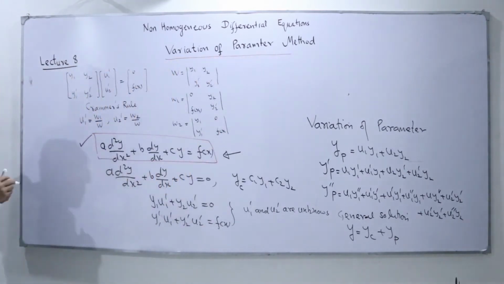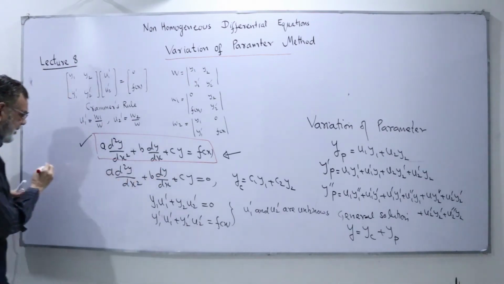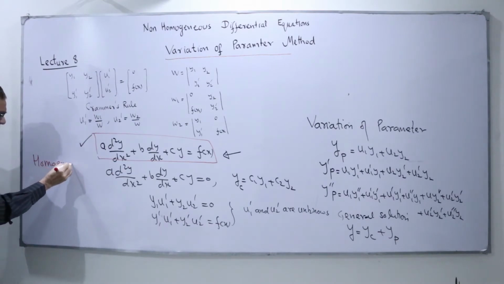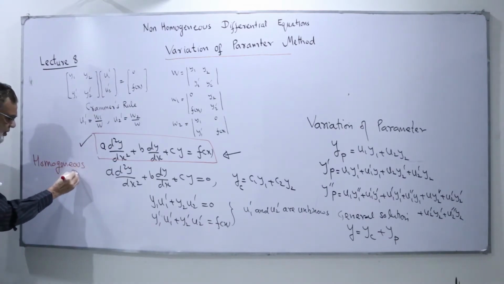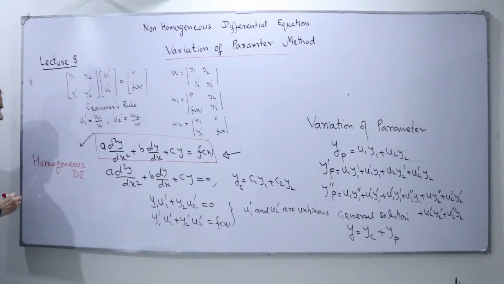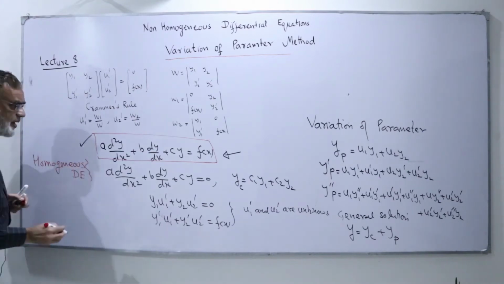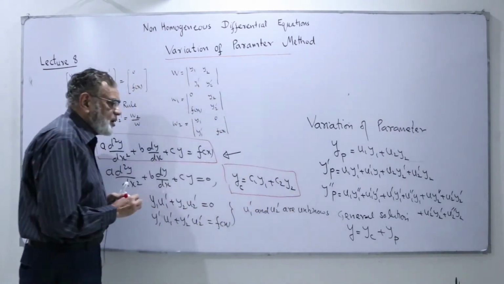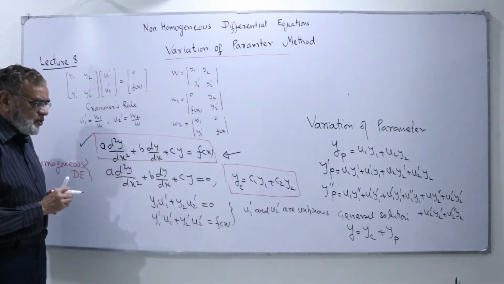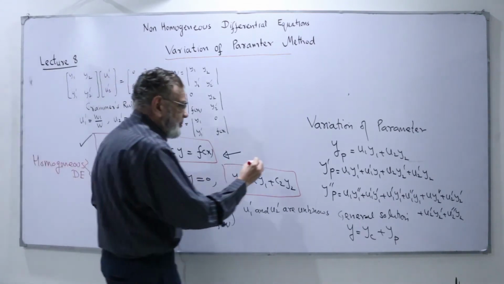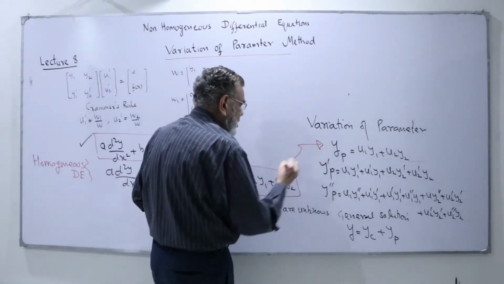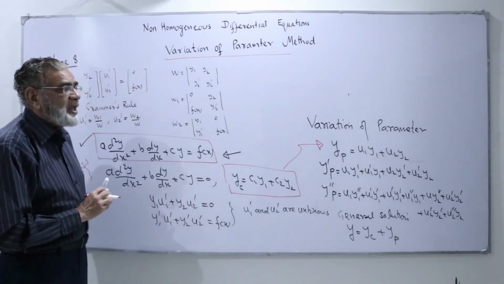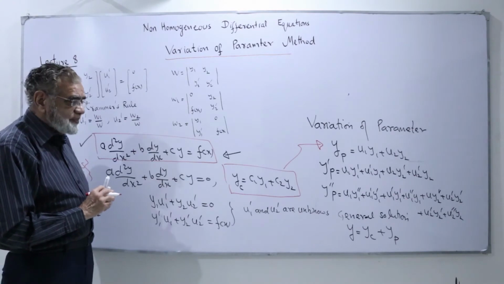To solve this, I first need the homogeneous part, as we did before. We solve the homogeneous differential equation and get yc equal to c1 y1 plus c2 y2. We replace this by yp, replacing c1 by u1 and c2 by u2. We want to find u1 and u2.